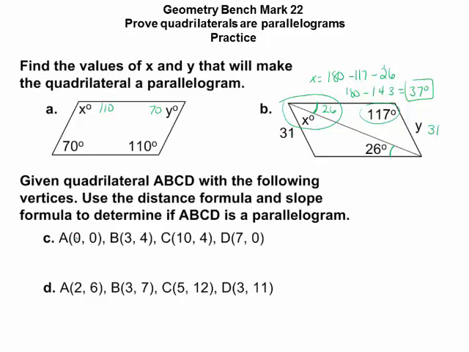Here, I'm going to just do one of these because we're running out of time. So do you want to see C or D? I think D is probably going to be the more challenging one. Okay, so I have a 2, 6.